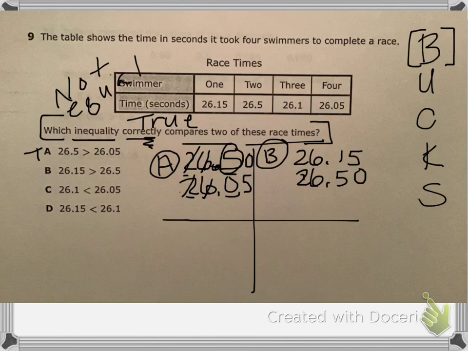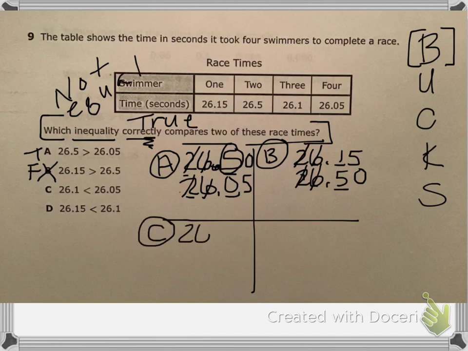We're going to start at the left at the 2's. Well, they're both equal to each other. They're the same number, so we move next door to the 6's. They're also both the same. So we move to the 10th place. We have 1 and 5. The 1 is less than 5, therefore B is a false statement. We do not want a false statement, we want a true statement.